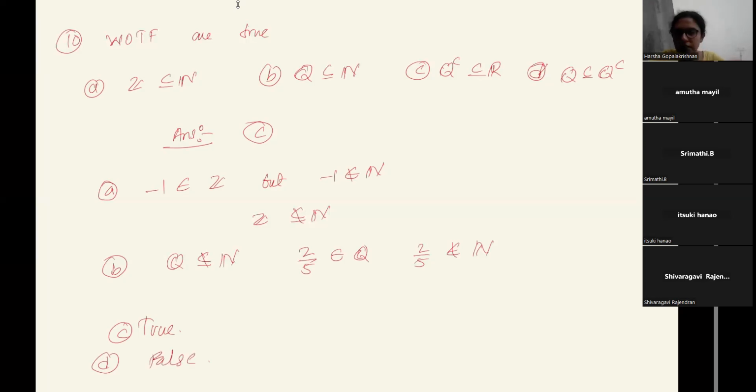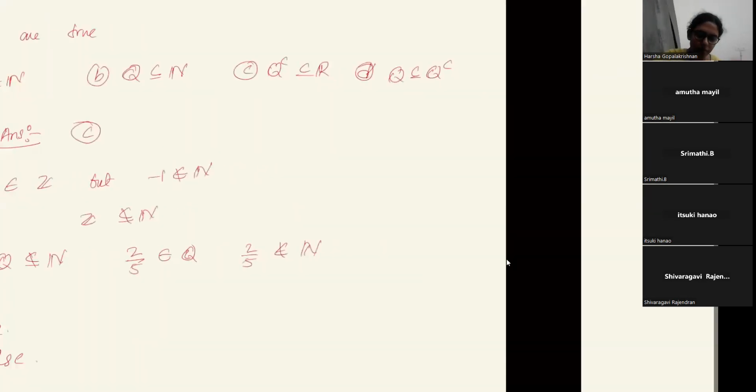Is this clear? All the options? Any doubt here? No, ma'am. Okay. Very few are responding. If others have any doubt, you can ask. So now let's go to the next question.